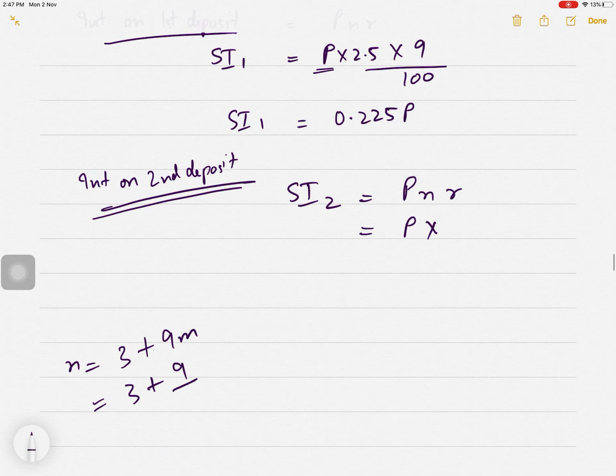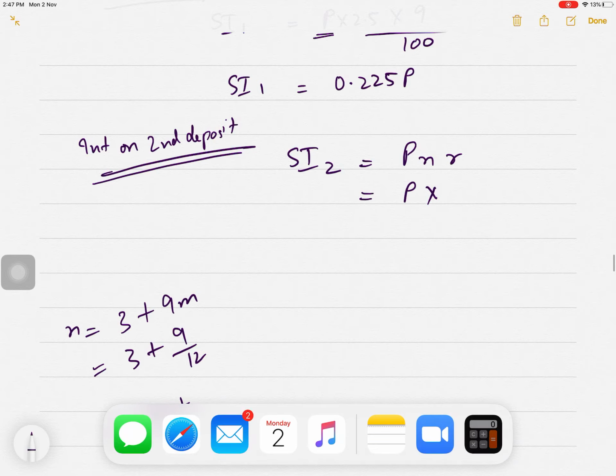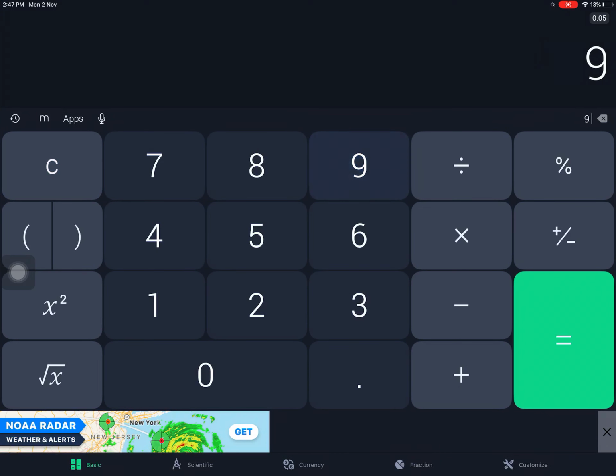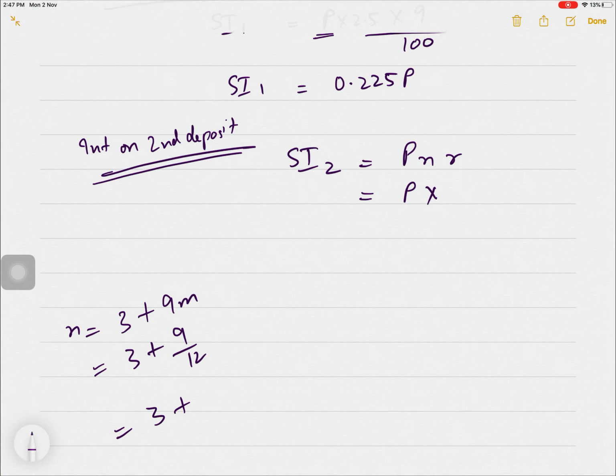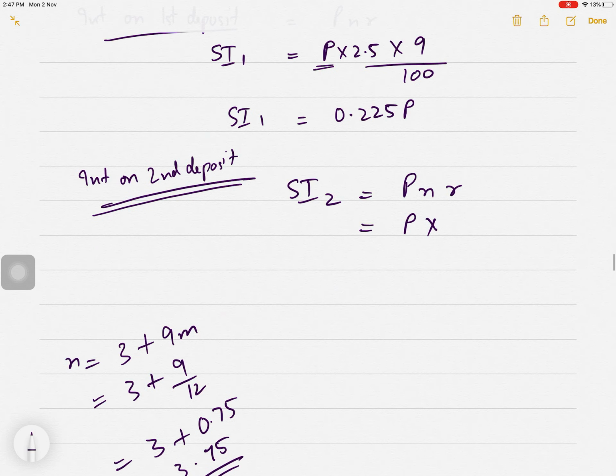So 9 months is 9 by 12, correct? When you do 9 by 12, let's calculate, 9 divided by 12 comes to 0.75. So 3.75. So N is 3.75.